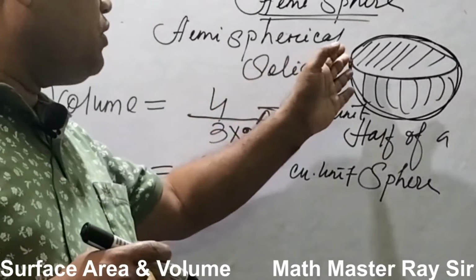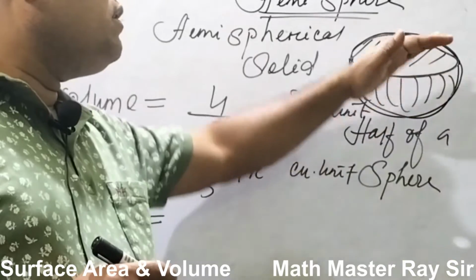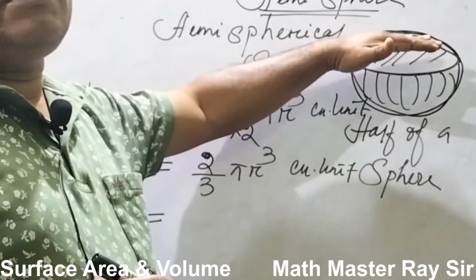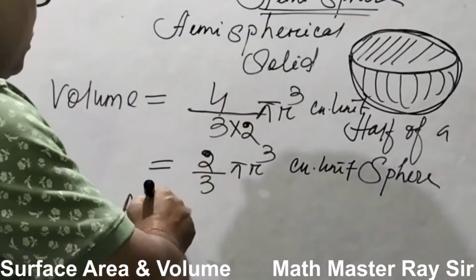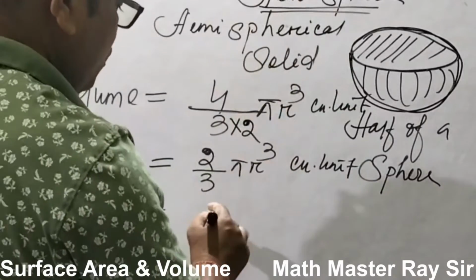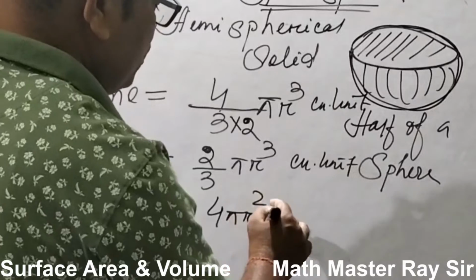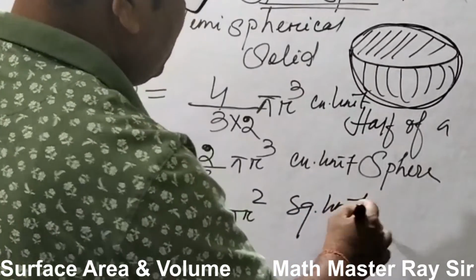Lateral surface area means the outermost area of the bottom part. The top part will be excluded. The top part you cannot take. As we know, the total surface area of a sphere is 4 pi r square unit. It is written in square unit.